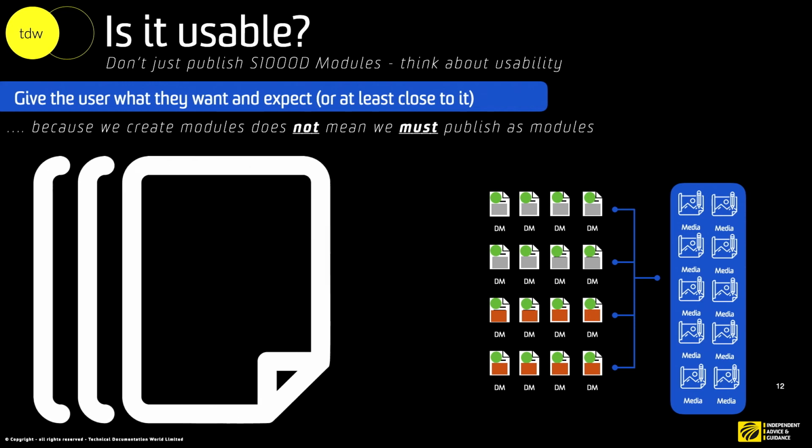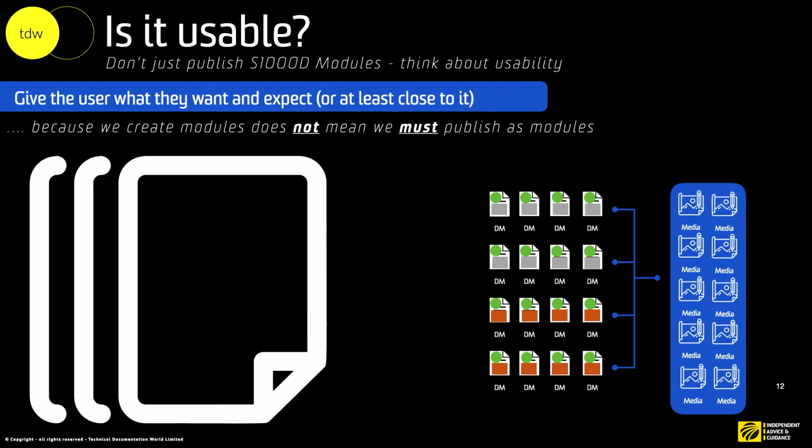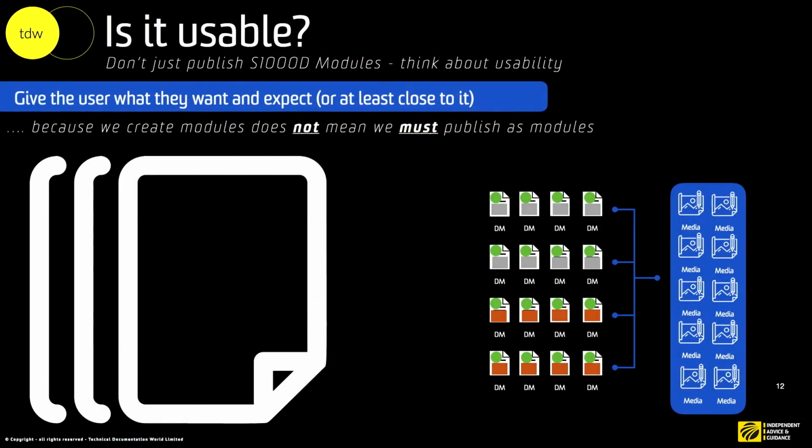And what we want to do is have a methodology that brings that together. And this is where our software tools can really help us. You can tell the difference between software vendors that have thought about the problem and software vendors that have looked at the S1000D specification or topic-based methodologies and thought that's how we need to deploy our content. You can tell the difference between the software tools that have actually thought about the problem and how the content is actually going to be used.